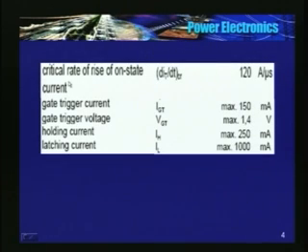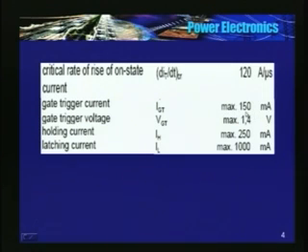See the critical rate of rise of on state current, di by dt critical, 120 ampere per microsecond. See the gate trigger current, IGT, 150 milliamperes.